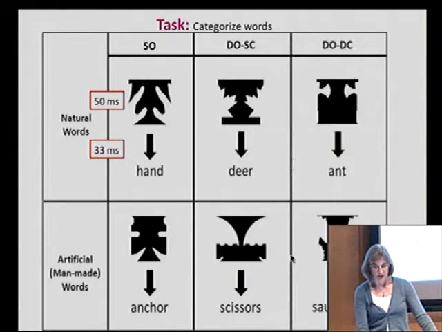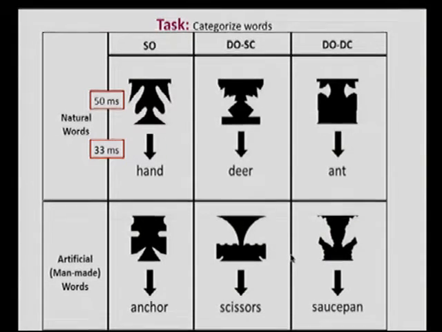And here we have a different object from a different category. So artificial objects are followed by words naming natural objects, and vice versa. Okay, now the subjects' task has just to do with the word. Classify that as quickly as you can. Okay?